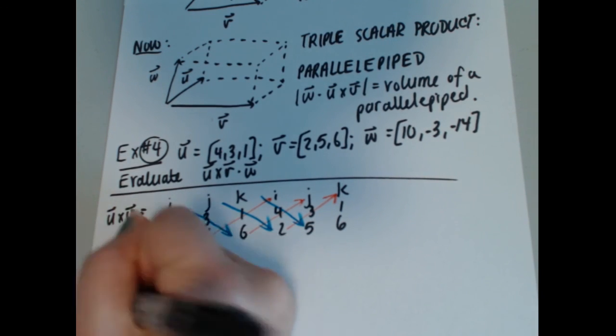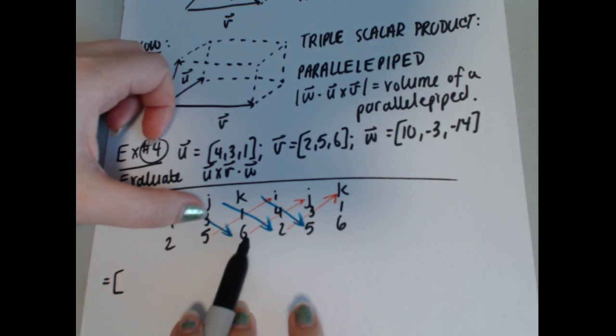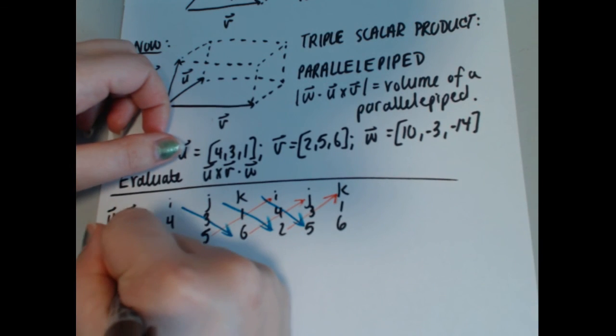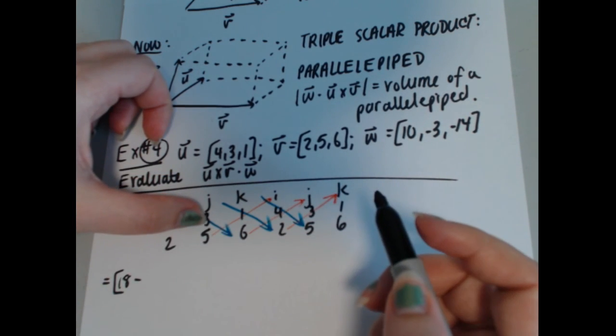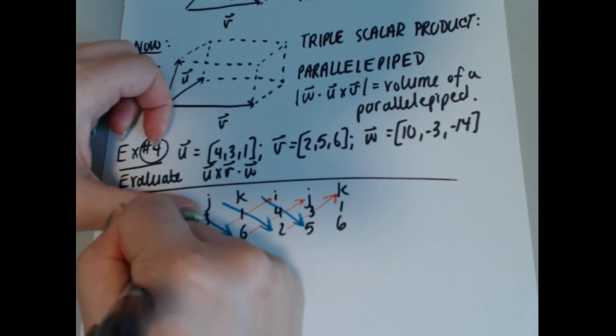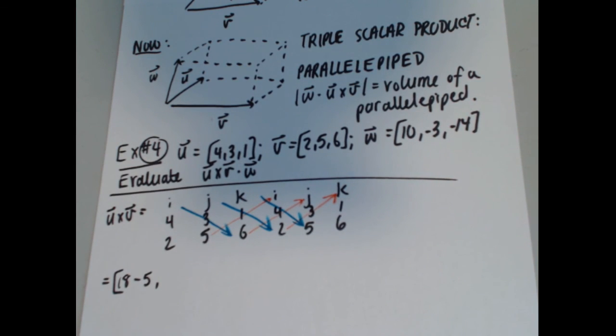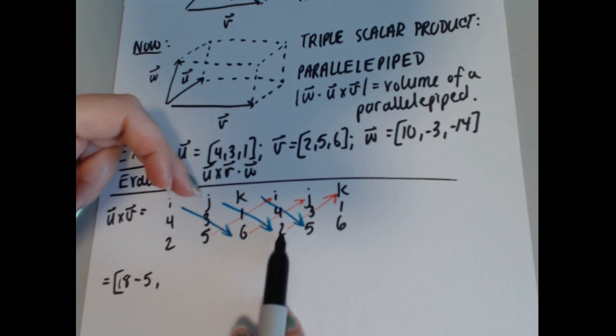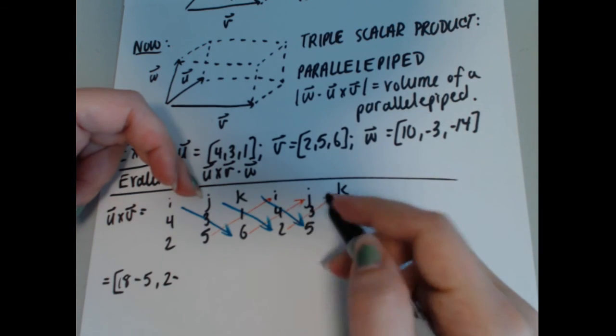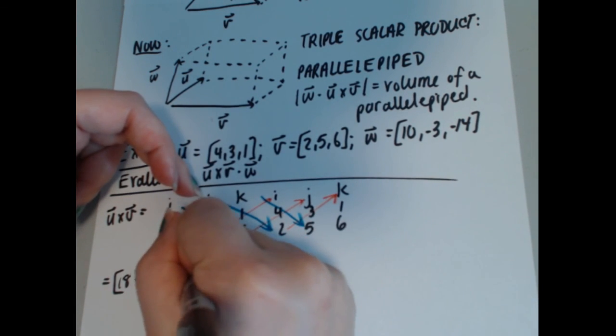So U cross V, I get a vector. It's going to be 3 times 6, that's 18, minus 5 times 1. I'm not putting each number in brackets because everything here is positive. If I have a negative, I'm going to be extra careful, but here it's going to be okay. J, 1 times 2, minus 6 times 4.